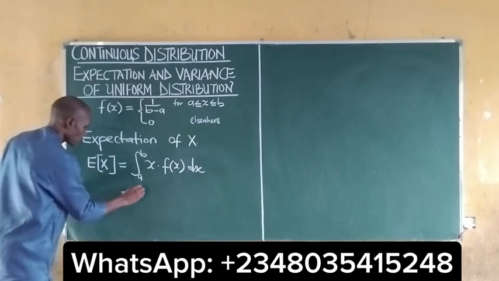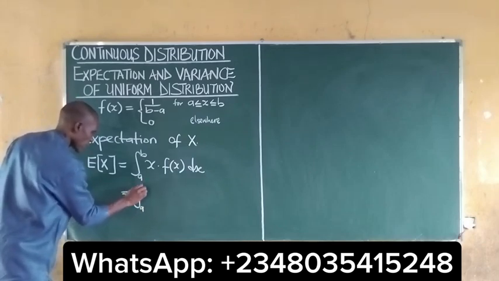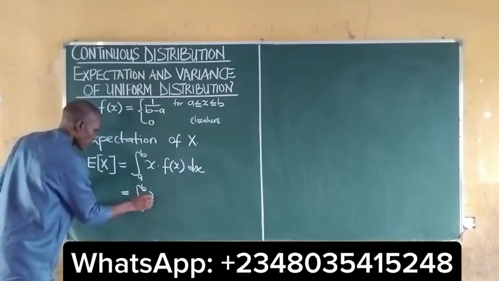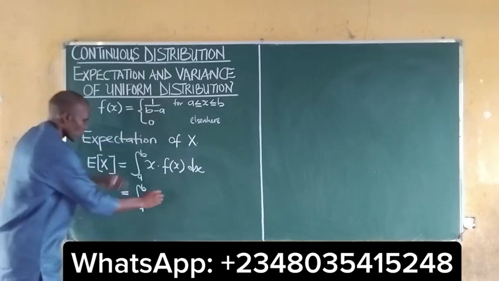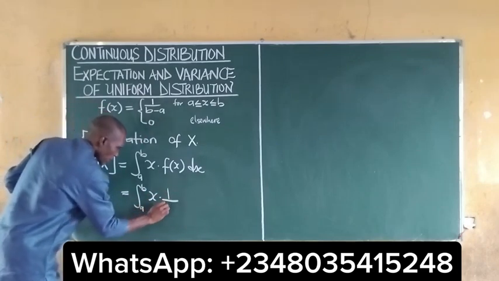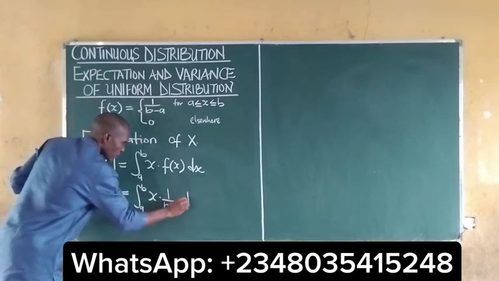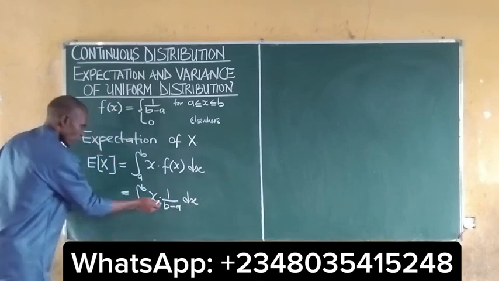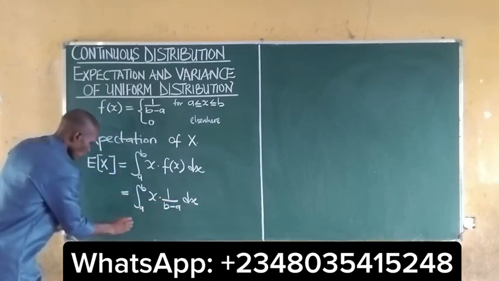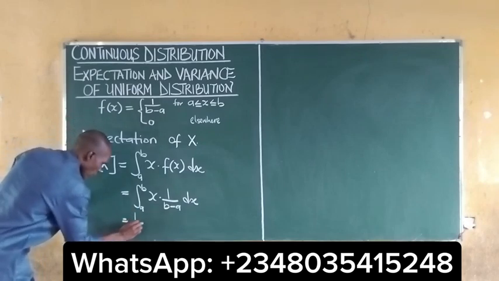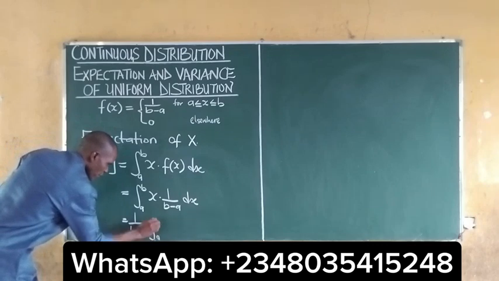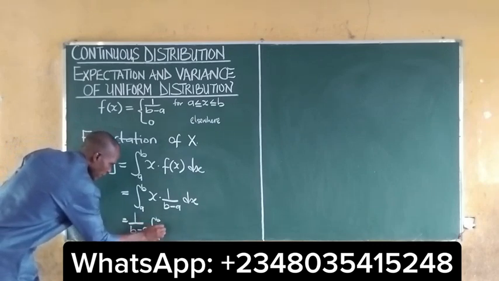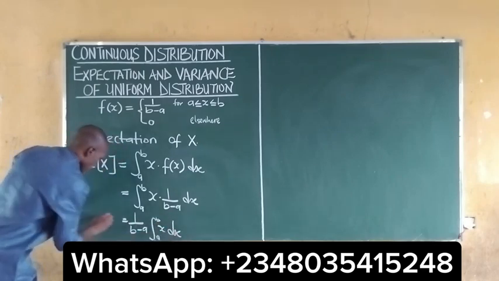For the uniform distribution, we have the integral from a to b of x multiplied by f of x, which is the uniform distribution, 1 all over b minus a, dx. Of course, we can factor this out to give us 1 all over b minus a, integral from a to b, then x dx.